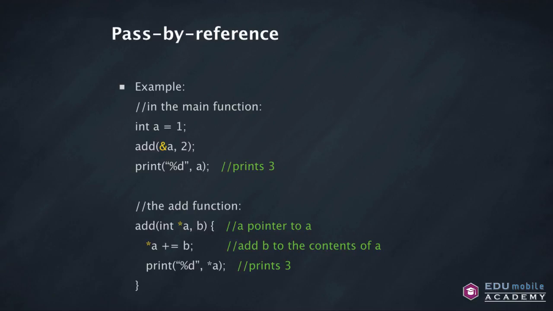So if we pass a pointer, we pass the address of a, then we can change the value of a. And generally speaking, if we pass a pointer to the function, we can change the value or the contents of that pointer even outside the function.